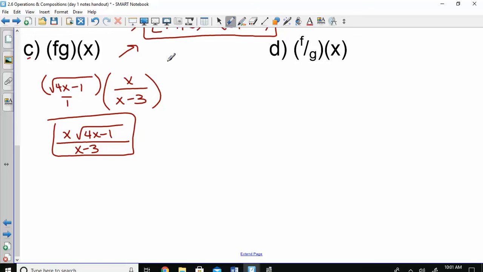All right, the division one. So f is the square root of 4x minus 1 divided by g. If you want to divide fractions, what do you have to do?